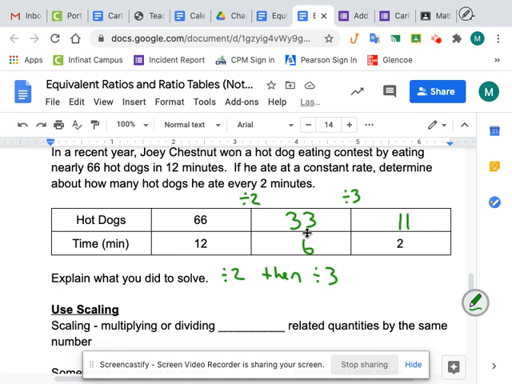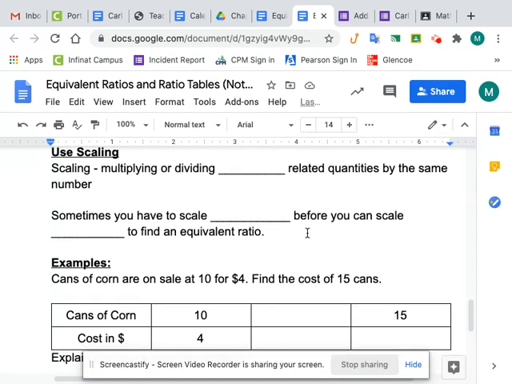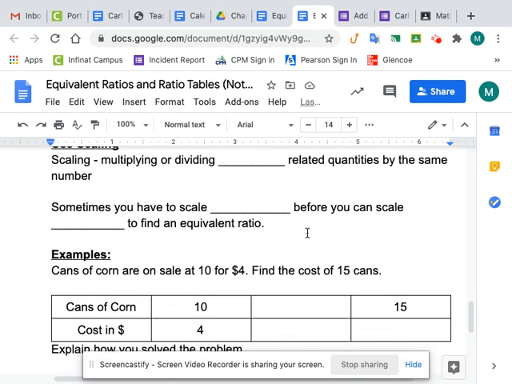Some of you might have thought, well, I could have divided by 6 right away. That's true, but we want to make sure we fill all of the columns so we can continue showing that there are equivalent ratios. Use scaling. Scaling is multiplying or dividing two related quantities by the same number.